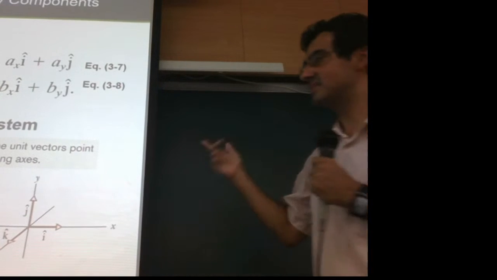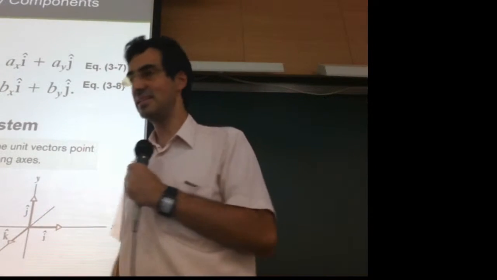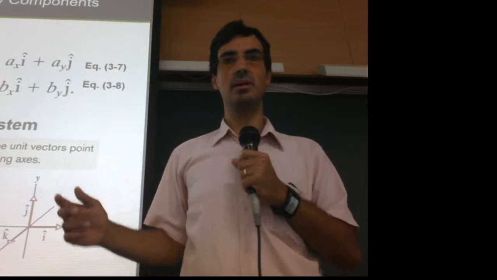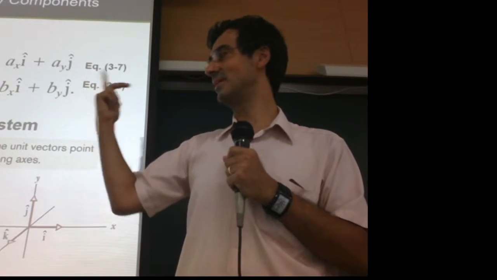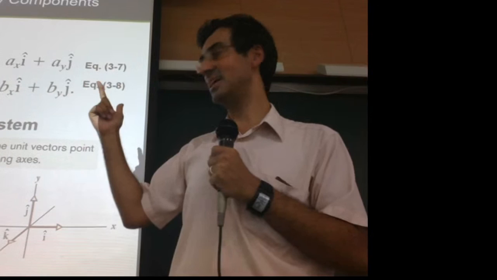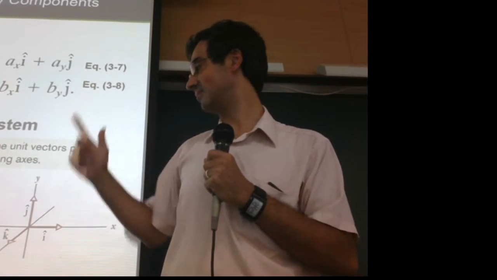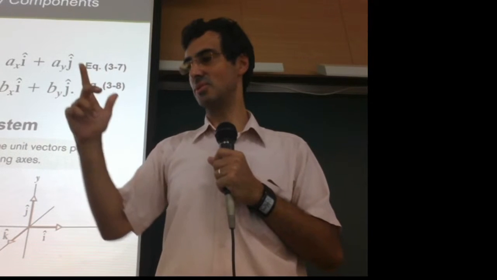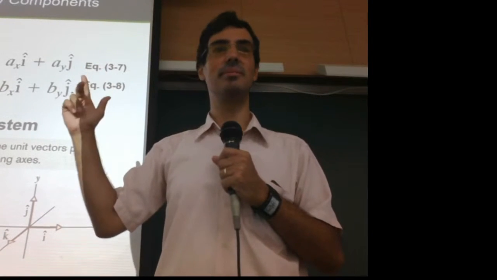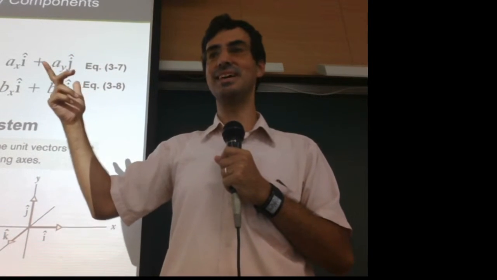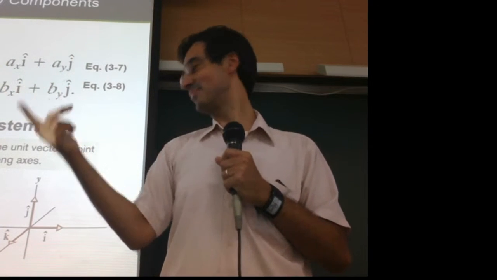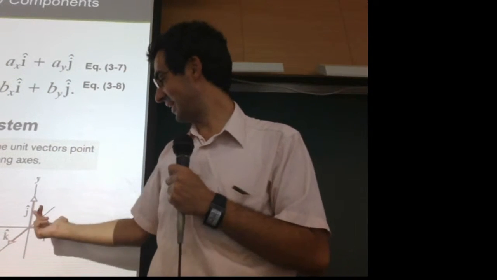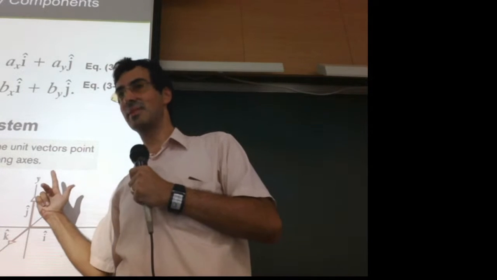And so i, j, and k is producing a right-handed coordinate system. So i is the thumb, j is the pointer, and k is the middle finger. I'm not sure that there would be another way to put them. So they're naturally forming this kind of 90 degrees. And so you see i, j, and k, it fits.